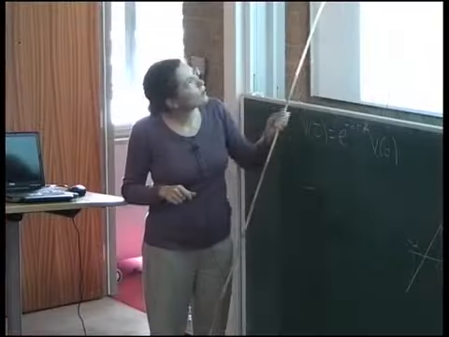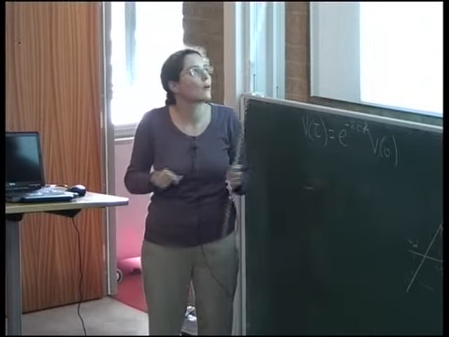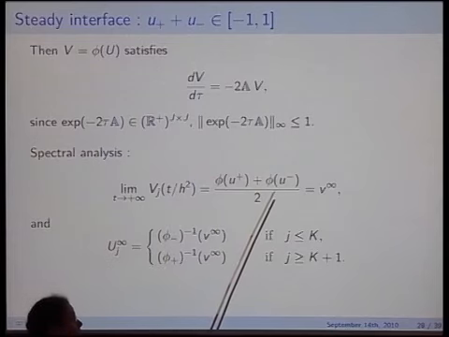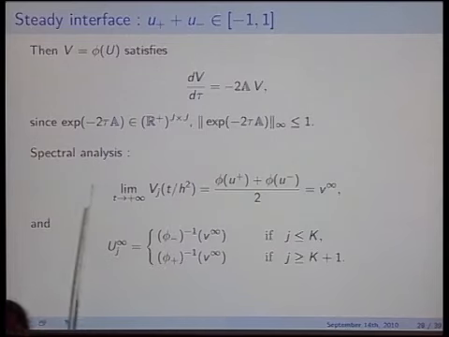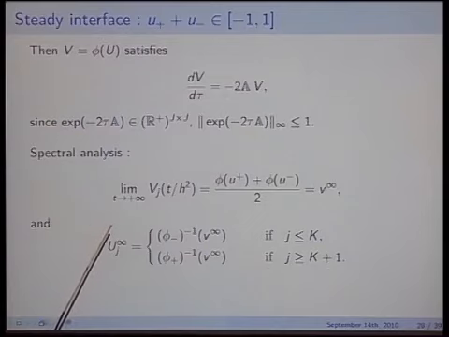So this is for the L-infinity analysis of this semi-discrete scheme. With the L2 analysis, what you show is that you have an asymptotic state, which is exactly phi of u plus phi of u minus over 2, which is, if you remember, exactly the characteristic condition I was talking about to know whether the interface will be moving or not. And then you get the end states by taking just the inverse of these phi minus and phi plus functions.